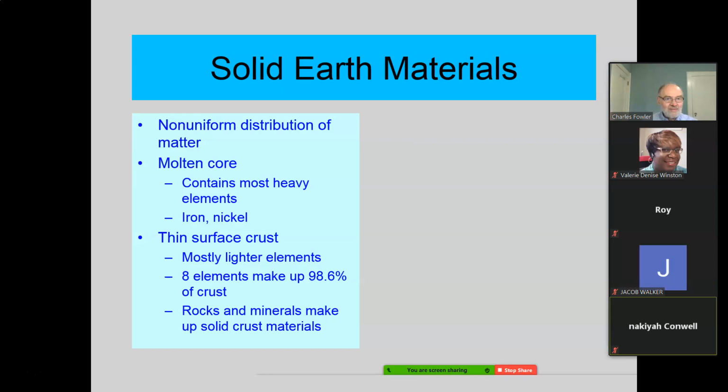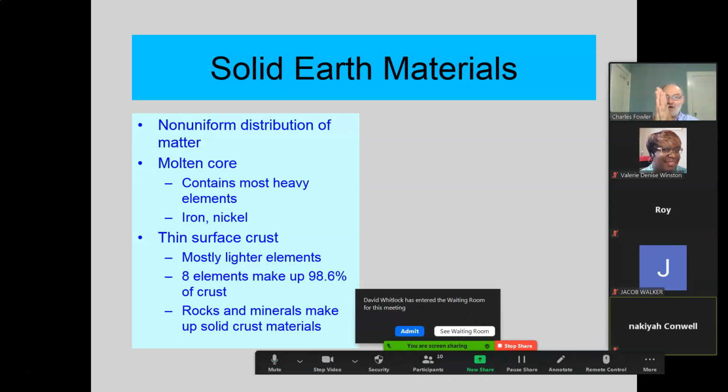Why do they get hot? Two reasons. Pressure and friction. Okay? Well, guess what? As you go down into the earth, there's more and more and more weight above you. That's pressure. And that's forcing the molecules closer and closer together.